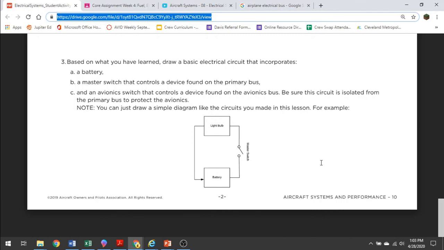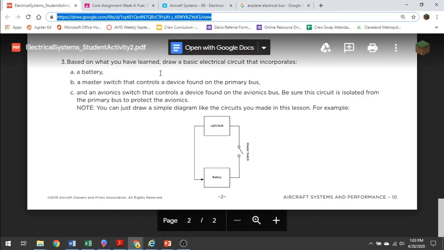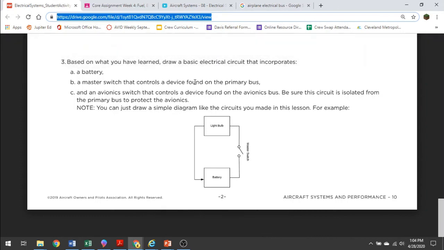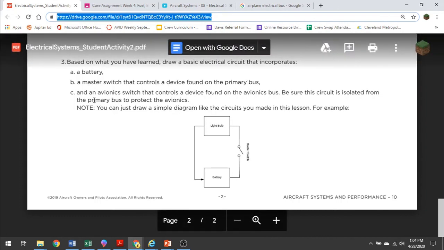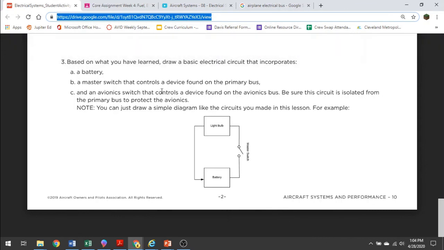All right, so the last part of this assignment is to draw a basic electrical circuit that incorporates a battery, a master switch that controls the devices found on the primary bus, an avionics switch that controls the devices on the avionics bus, and that's it.